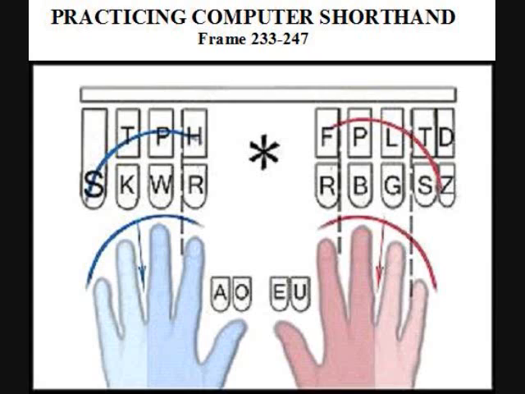Okay, frame 242 is might when it comes first in the phrase.